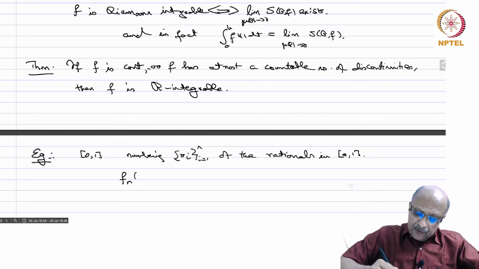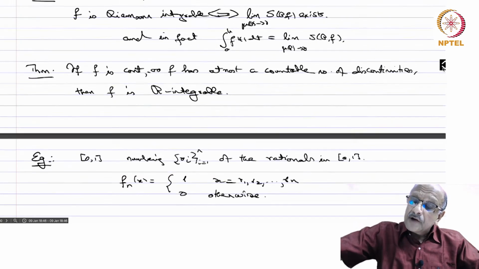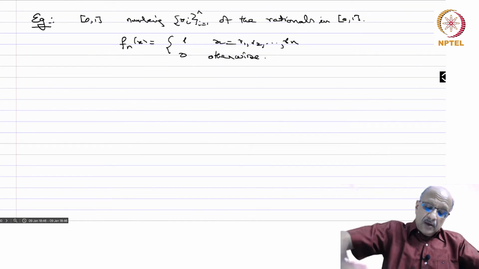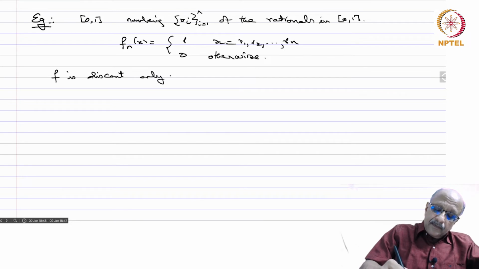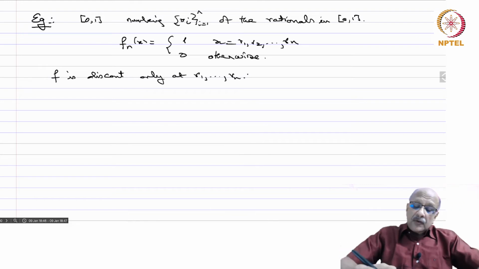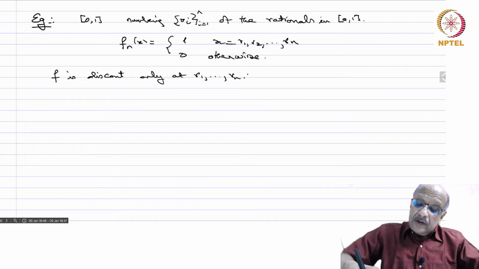So you define f_n(x) to be 1 if x is equal to r1, r2, up to rn, and 0 otherwise. This function f_n is discontinuous only at r1 to rn. So it has only a finite number of discontinuities. So by the previous theorem, f_n is Riemann integrable.